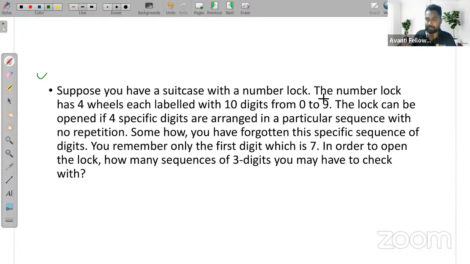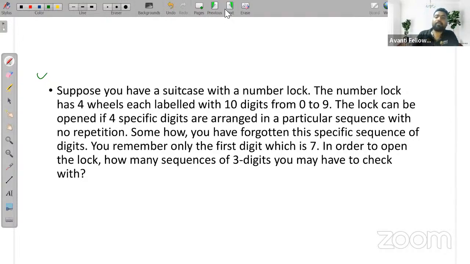The lock has 4 wheels, each labeled with the digits 0 to 9, and it opens if 4 specific digits are arranged in a particular sequence with no repetition. Somehow you have forgotten the sequence and remember only the first digit, which is 7. In order to open that lock, how many sequences of 3 digits may you have to check?